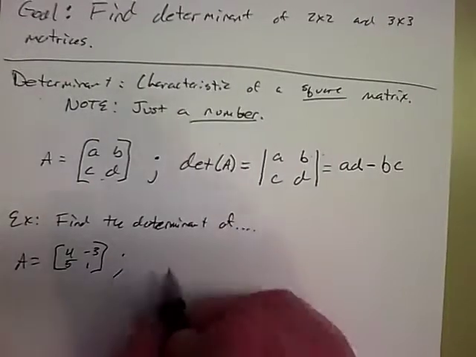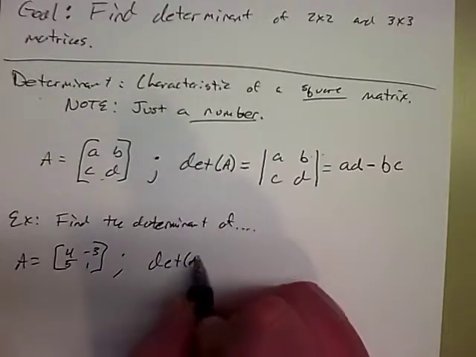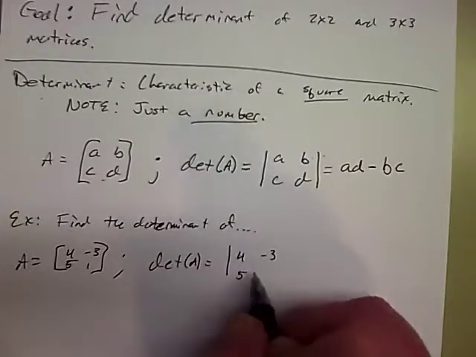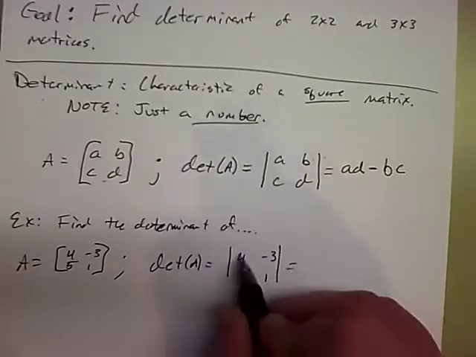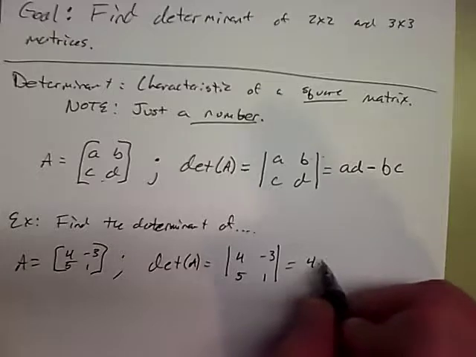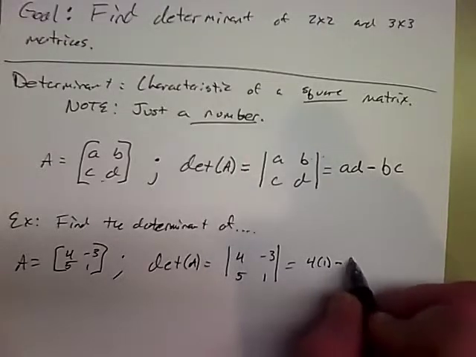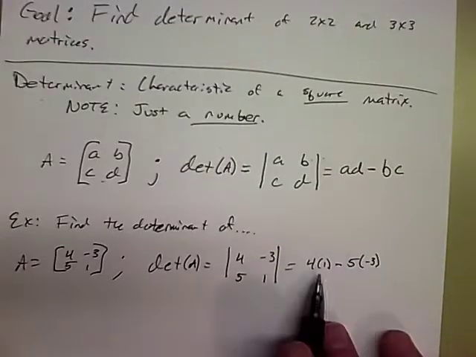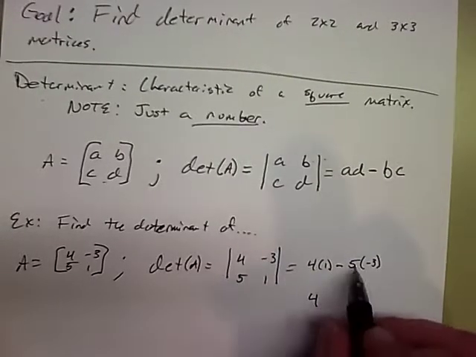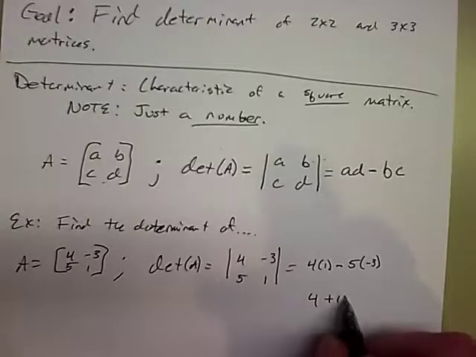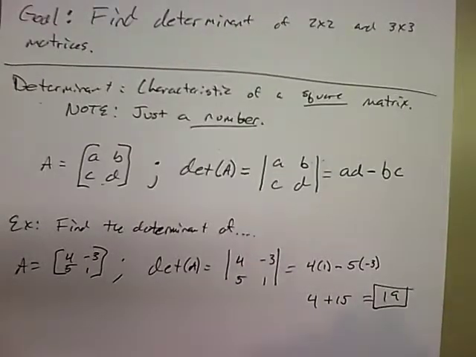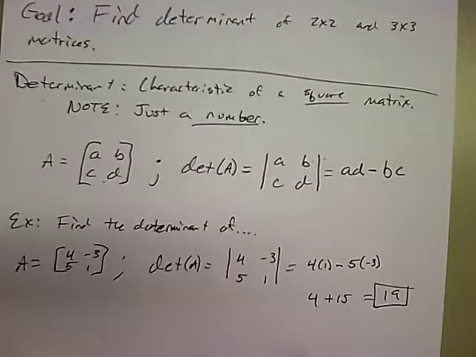The determinant of A is 4, -3, 5, 1. So 4 times 1 minus 5 times -3. Clean that up a little bit. 4 times 1 is 4. Minus 5 times -3 is a positive 15, and my answer is 19. I get a number.